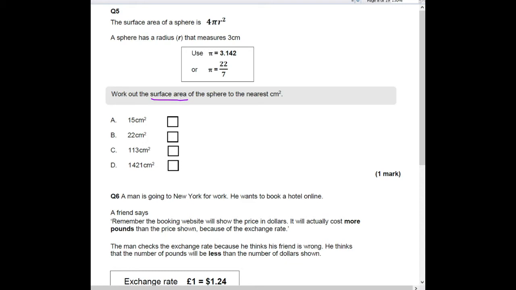So because we've got our calculator, it's probably easier to use pi as a number and just substitute it into our formula. So this means 4 times 3.142 times the radius, which is 3, and that needs to be squared. And we can enter this exactly as it looks into our calculator.